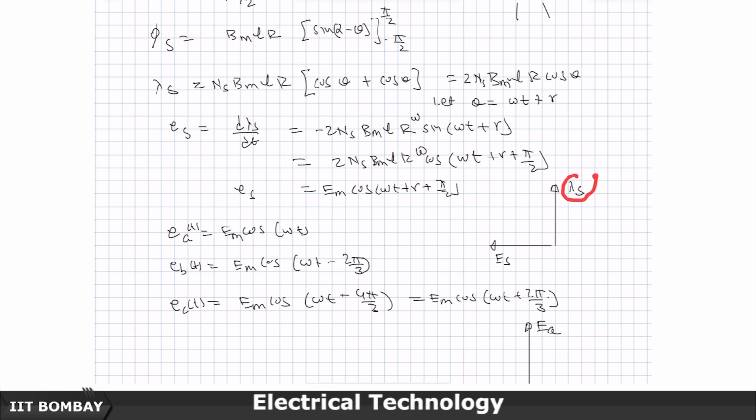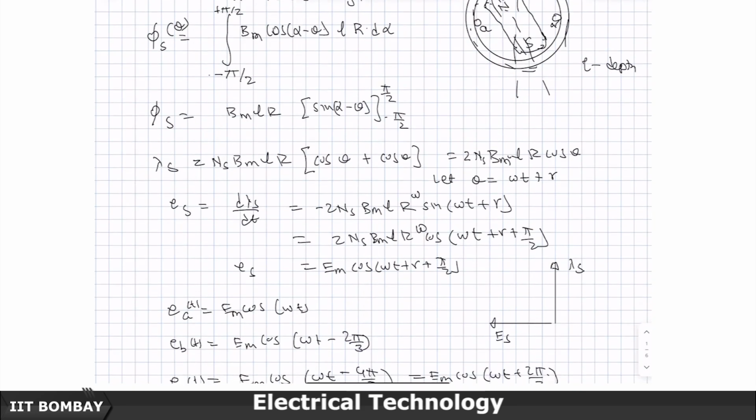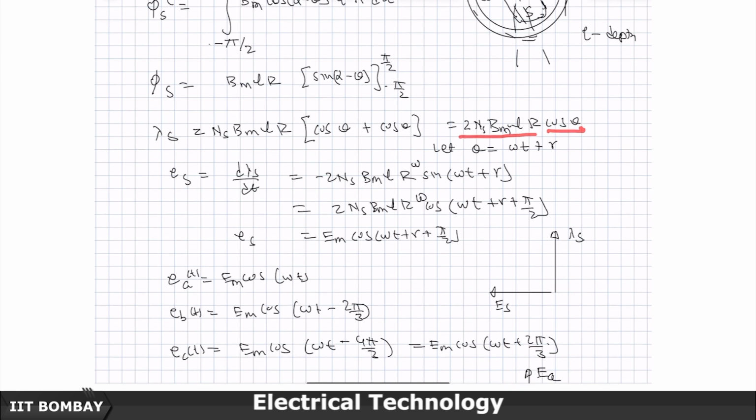This lambda s that we described, how did we describe the lambda s, the flux linking this? It was described as 2 Ns Bm LR cos of omega s t plus gamma, and the induced EMF came as Em cos of omega t plus gamma plus pi by 2.